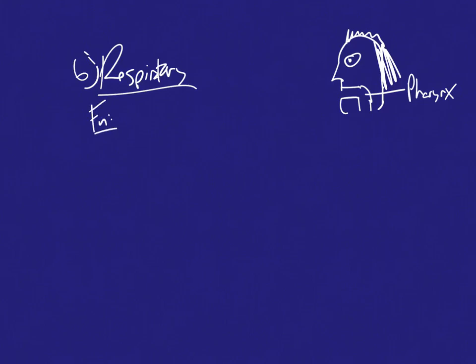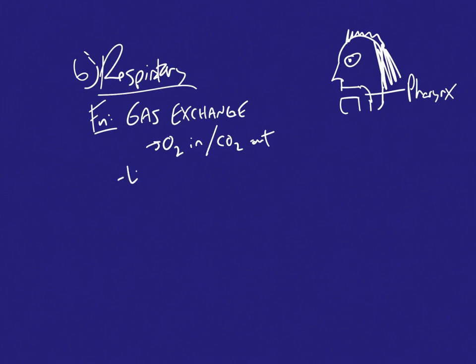The major function here, right, is what we refer to as gas exchange. In other words, we want to get oxygen in and CO2 out. And this is true for every single one of your cells, but it's true at the systemic level using your lungs, if you are an air-breathing animal like we are.